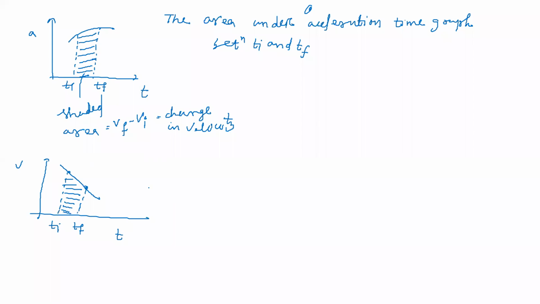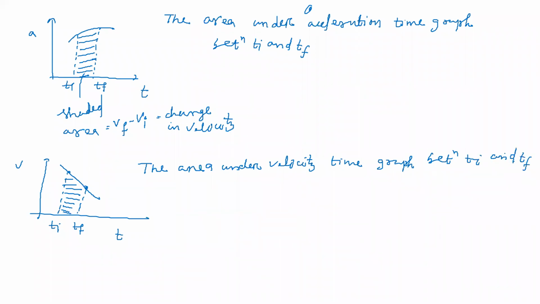Here the area under the velocity time graph between T initial and T final gives displacement.